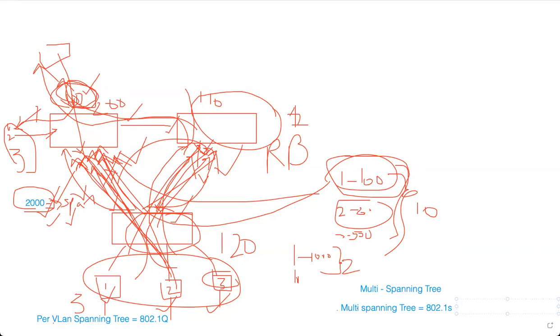In per VLAN, we have to create a large number of spanning tree instances, which causes overhead to the switch and affects the CPU. Sometimes it is not the right way to calculate the spanning tree for each VLAN. So the next step is multi-spanning tree, where we group multiple VLANs into one spanning tree group and assign the priorities to that group.